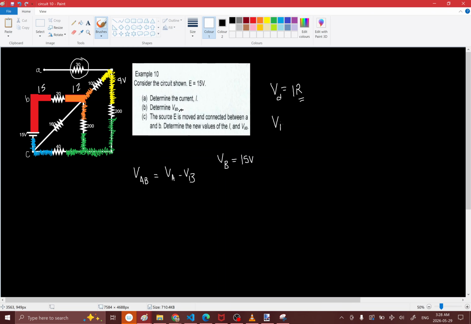So the voltage drop across this resistor is equal to 0 times 30, because there's no current, there's no electrons moving down this way, right? So the voltage drop across that resistor is 0. So what does that mean? It means that there is no difference between the voltage at this point over here and the voltage at this point over here.